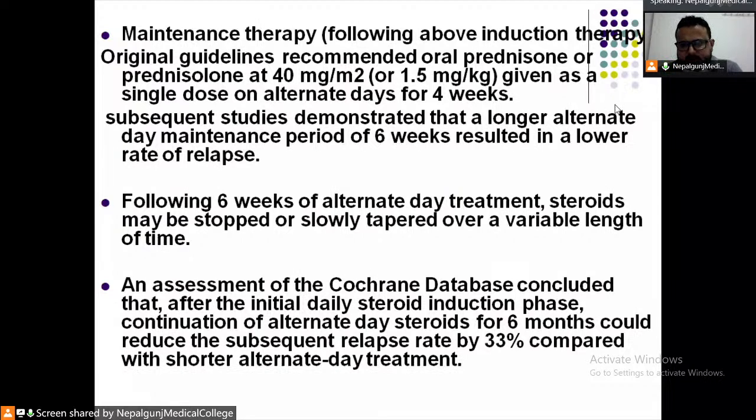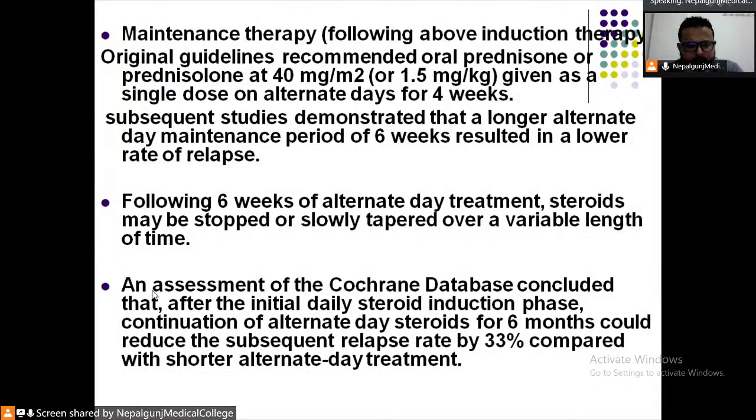Subsequent studies demonstrate that a longer alternate day maintenance period of 6 weeks resulted in a lower rate of relapse.